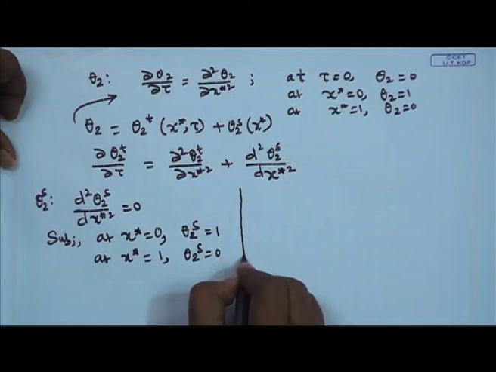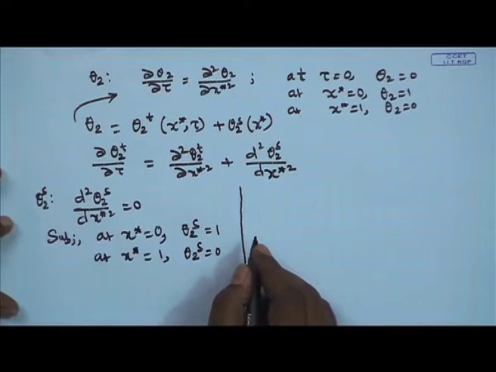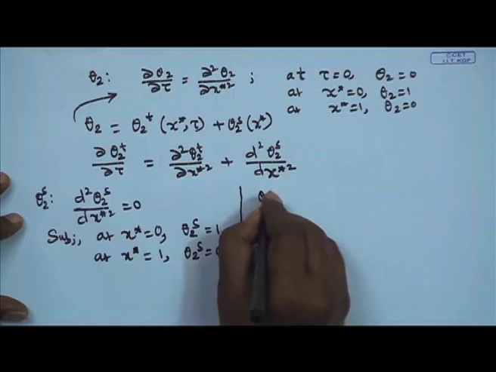So that is the problem for theta 2 s, and let us define the theta 2 t.